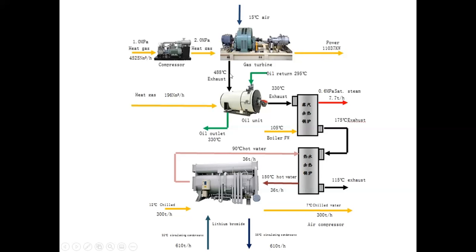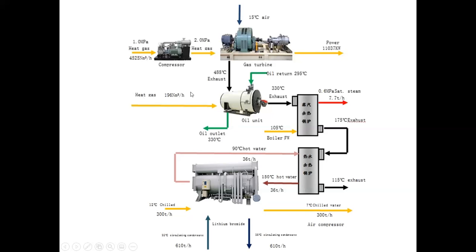So I say, well, we're going to take this hot gas and heat some oil with it. So we've got oil returning at 295 degrees C, and it's coming out at 330 degrees C. That's going out to feed their circulating loop that goes to different users that need hot oil to drive their processes.